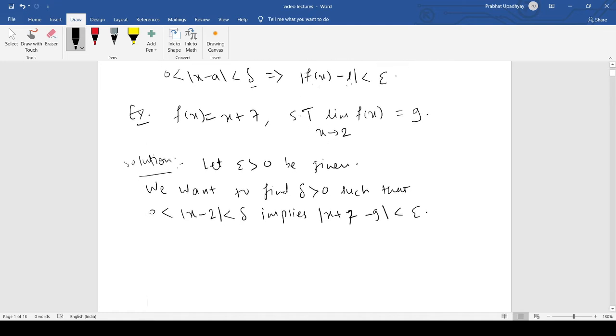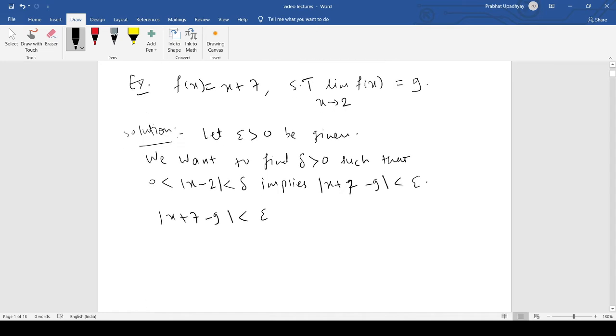We want to find such delta. So let's analyze this term, mod x plus 7 minus 9. We want this to be less than epsilon, which means we should choose our delta such that mod x plus 7 minus 9 becomes less than epsilon.